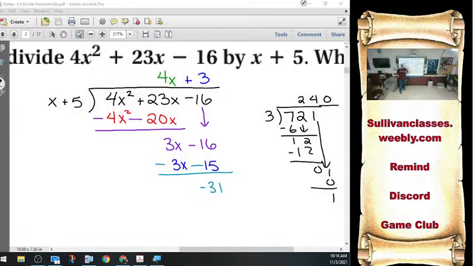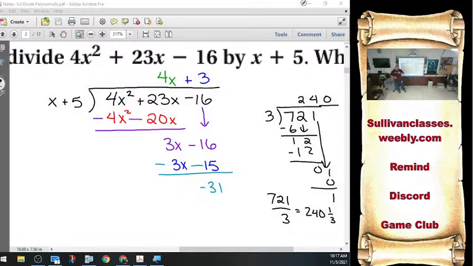We don't want to say R1 because that's kindergarten stuff. Instead, isn't 721 over 3 equivalent to 240 and 1/3? You take the remainder and you put it over the divisor.